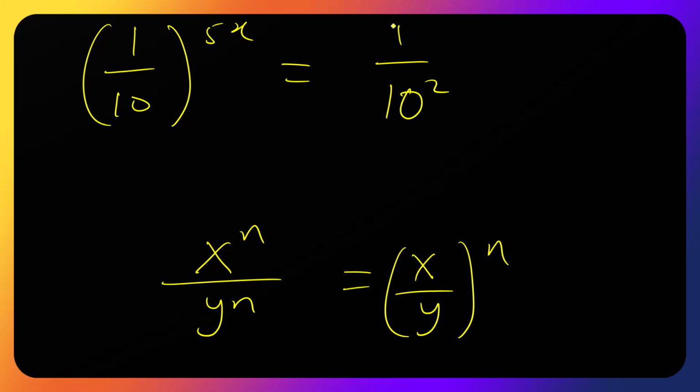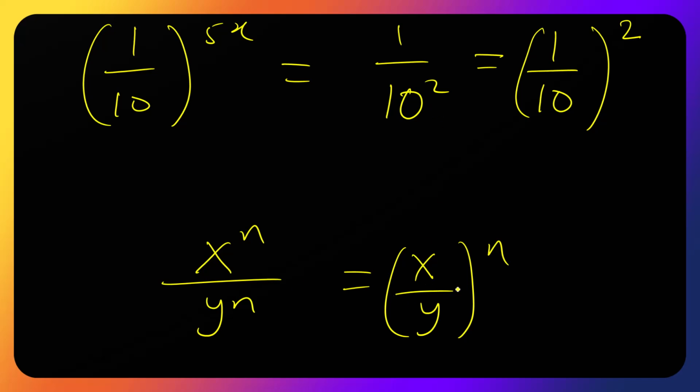Because this side is 1, we can bring the squared out, because 1 to the power of 2 you end up getting 1. So we can say 1 on 10 all squared. Going back, 1 squared is 1, 10 squared is 100.